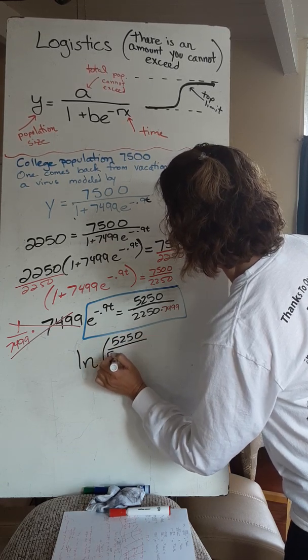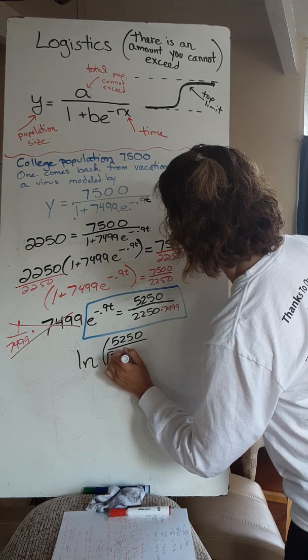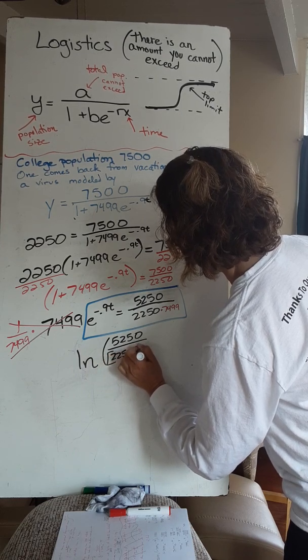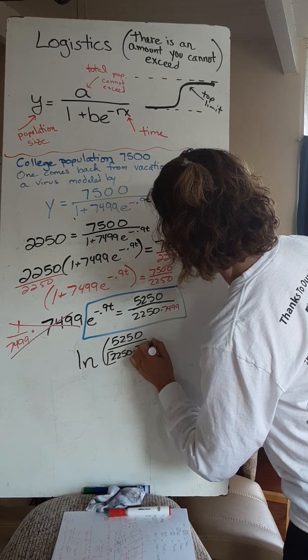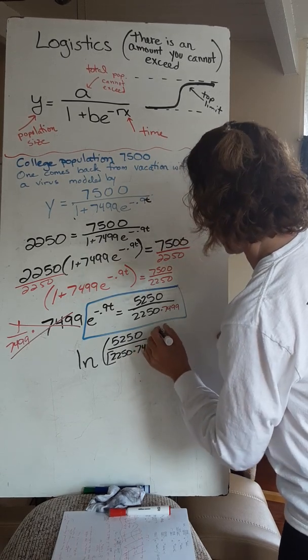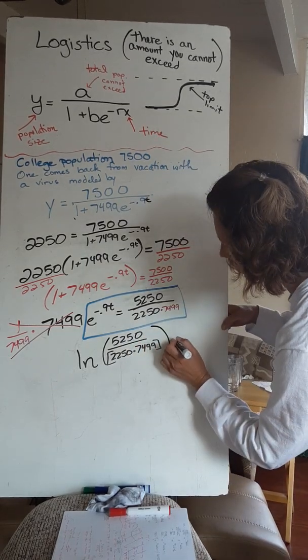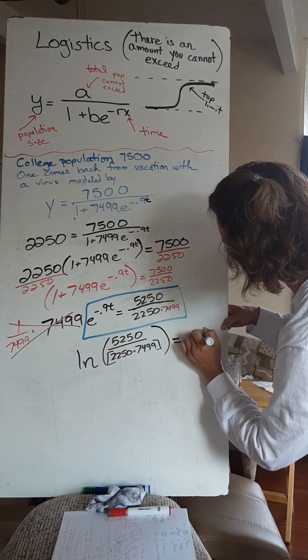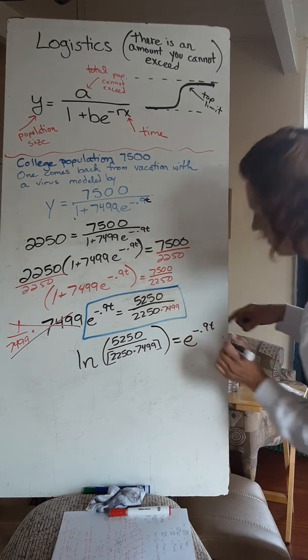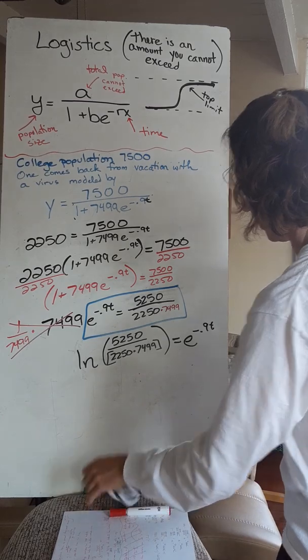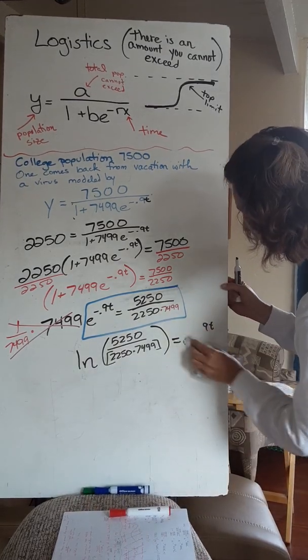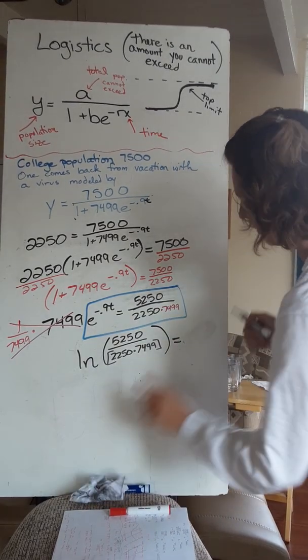And don't forget when you go in your calculator, the denominator has to be in parentheses as well, or you will not get the right answer. It equals e to the negative 0.9t. It's not what it equals, I'm changing the form. Equals negative 0.9t.